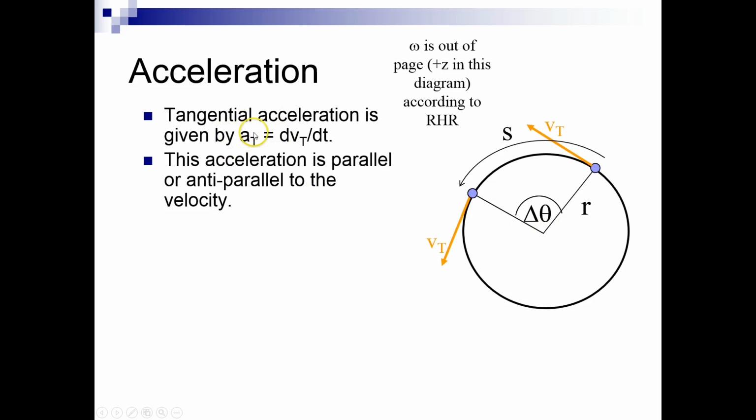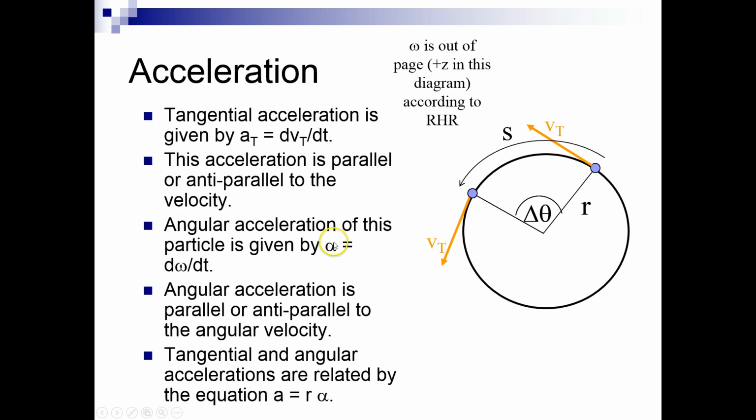The acceleration that is tangential is given to us by the change in the speed divided by the change in time. And this acceleration is either parallel, so going in the same direction, or antiparallel, going in the opposite direction to the velocity. Angular acceleration is given by the equation alpha, that's angular acceleration, is equal to the change in the angular speed divided by the change in time.